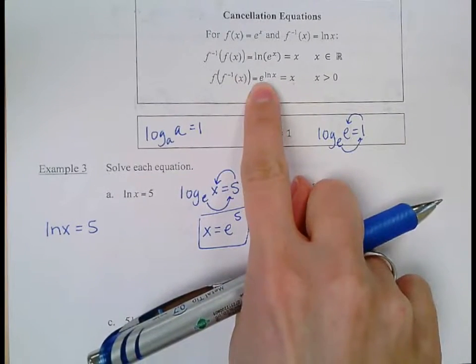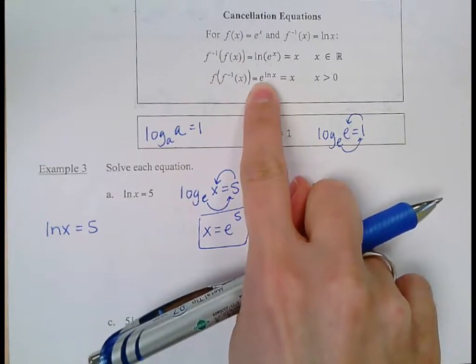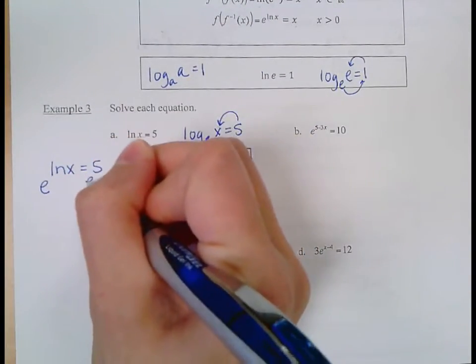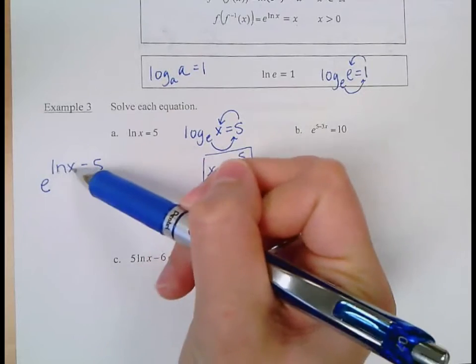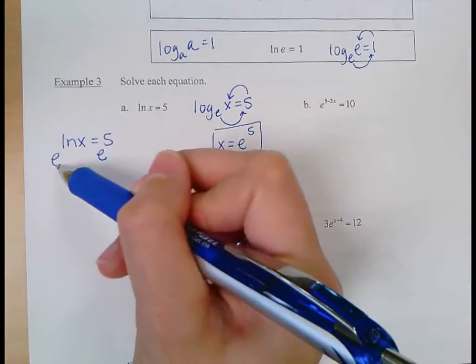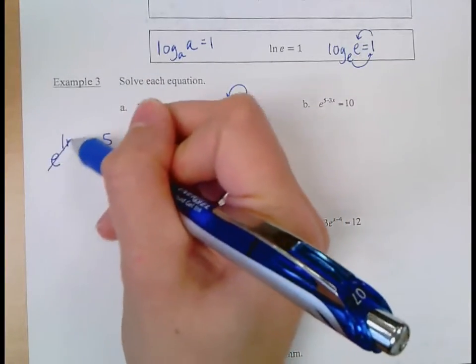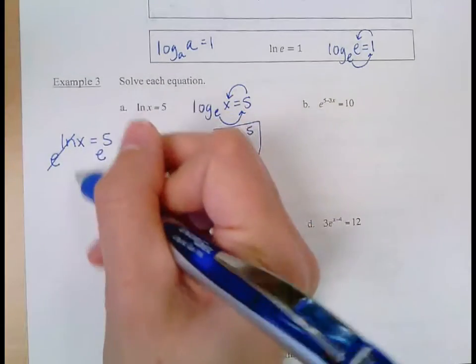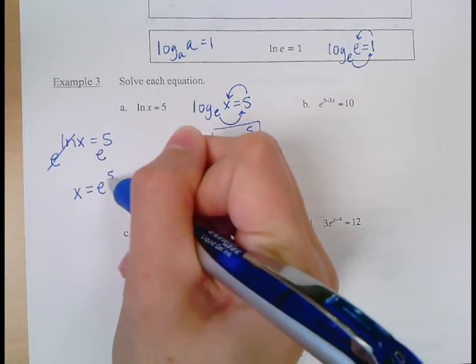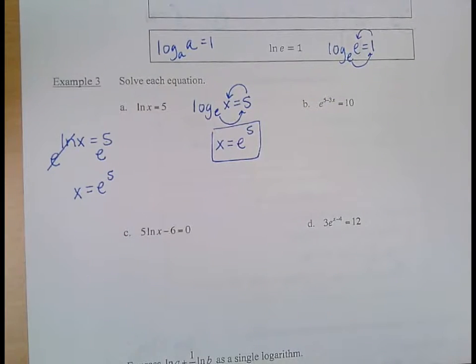I have to then raise both sides of the equation as powers of e. So I have a base e on both sides. So I'm saying e to the natural log of x equals e to the 5th. And on the left side, the e to the natural log cancels out, and you just have x equals, and then I have e to the 5th on the right.